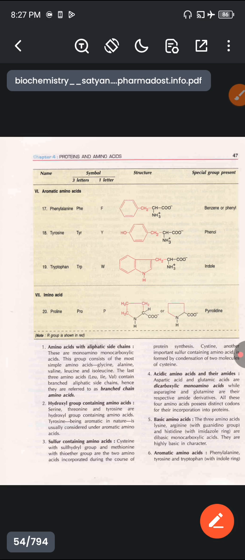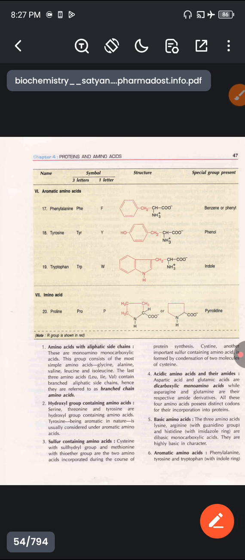Then the last one is proline. Proline contains a pyrrolidine ring. It is a unique amino acid. It has an imino group instead of an amino group, so that is why we call it an imino acid instead of an amino acid.